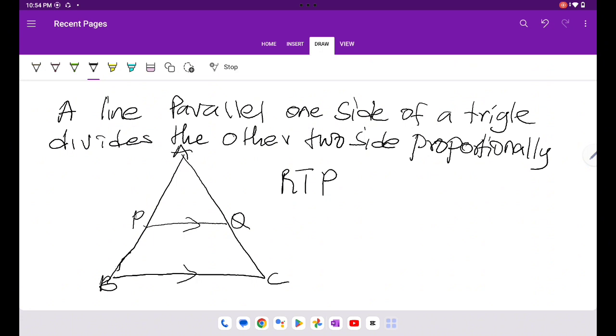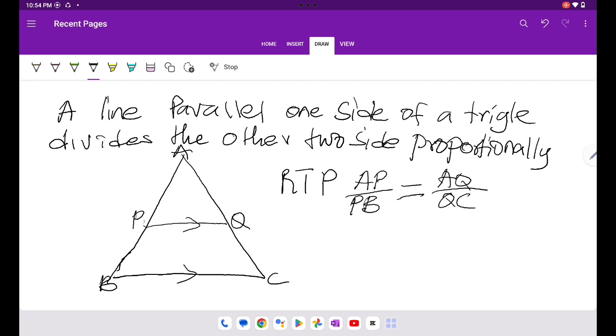In other words, we need to prove that AP divided by PB is the same as AQ divided by QC. So this is what we want to prove, right?